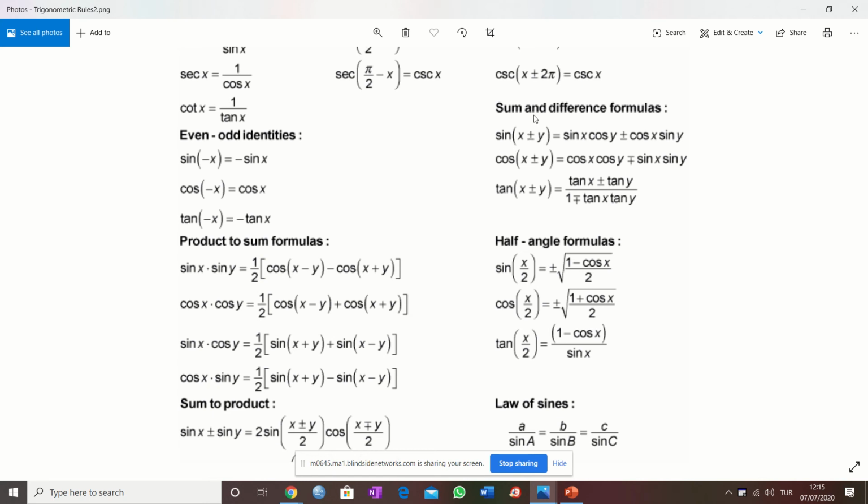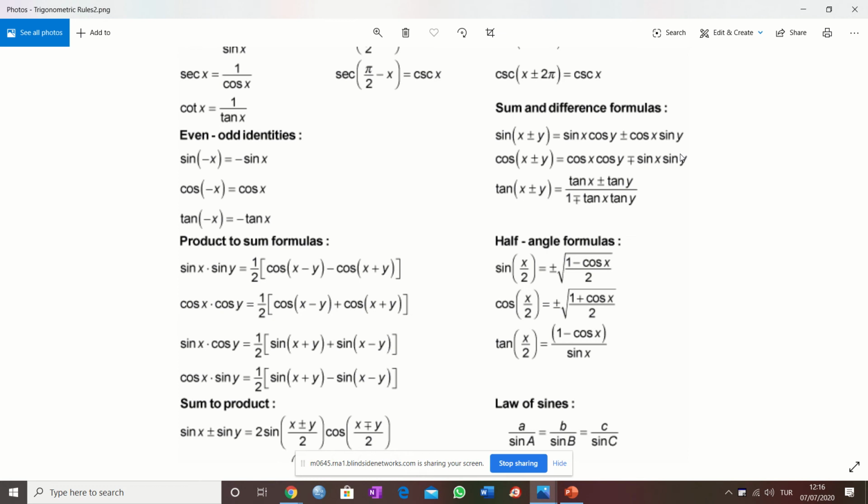Sine of x and y, here the addition and subtraction, these are called sum and difference formulas. You have to know all these by now. These are just recalling the formulas from Calculus 1. You know, maths consists of lots of formulas. We cannot avoid them.